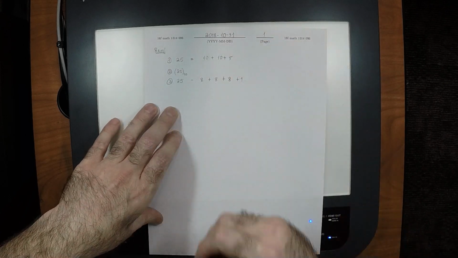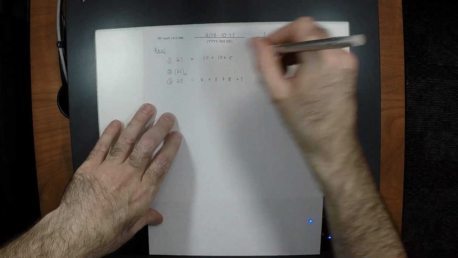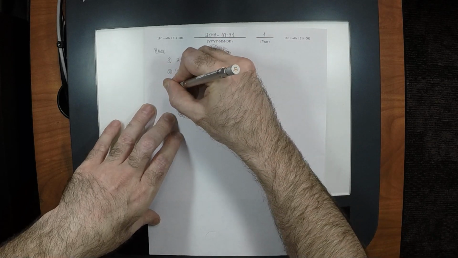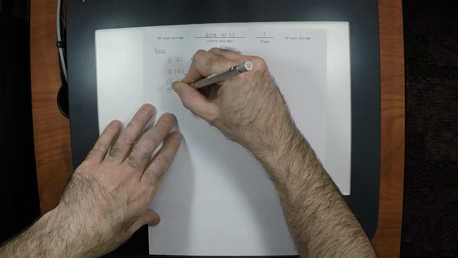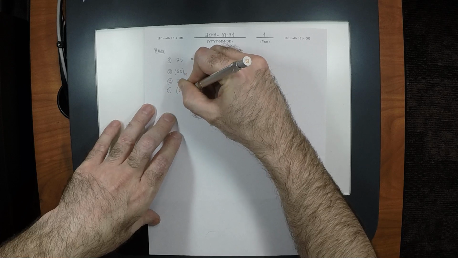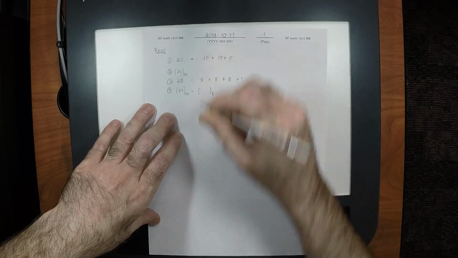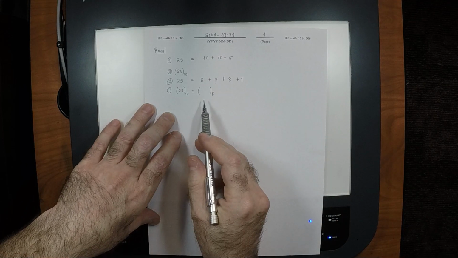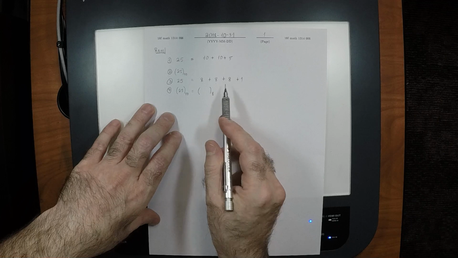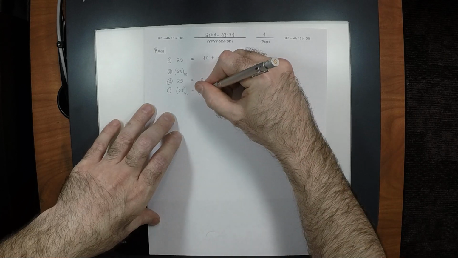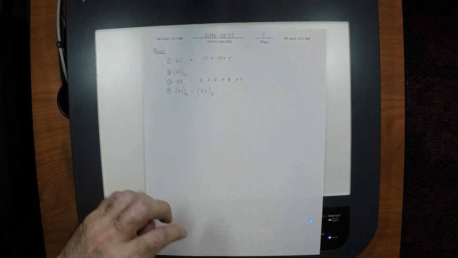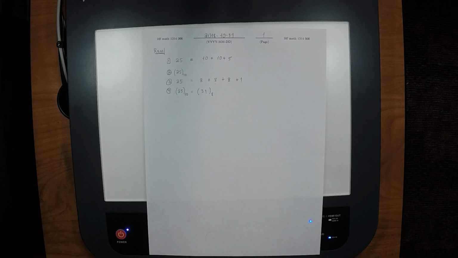So as a result of that, you can write the following, that 25 written in decimal is equal to what when you write it in base 8? How many 8s? 3. So it would be, in fact, 31 in base 8, because there's 3 8s and then 1 1.